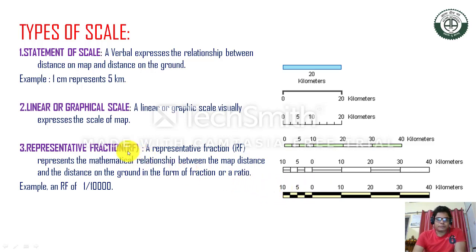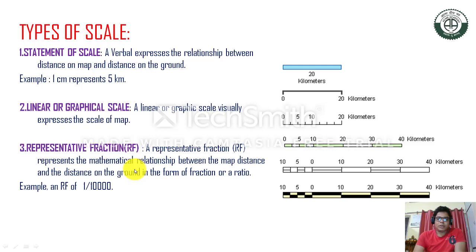The next and last type of scale, which is very important and which most cartographers use, is called the representative fraction. A representative fraction represents the mathematical relationship between the map distance and the distance on the ground in the form of a fraction or a ratio. So it can be shown as a fraction, with a numerator and a denominator.